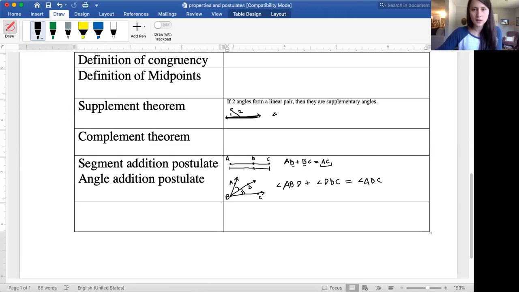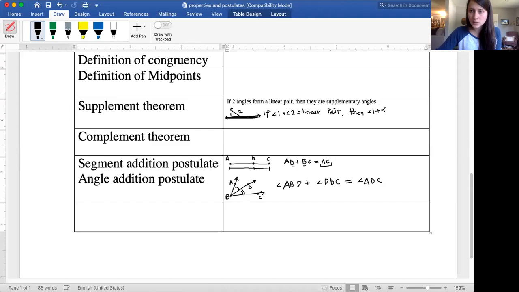Then what this is saying is if angle 1 and angle 2 are a linear pair, then angle 1 plus angle 2 are supplementary angles.